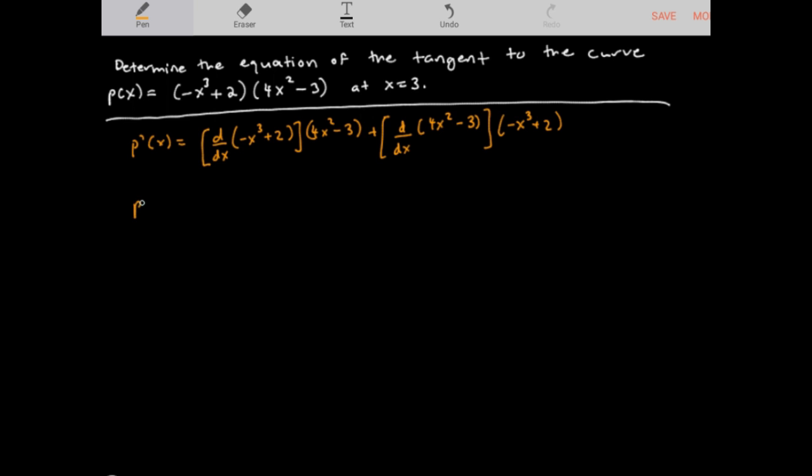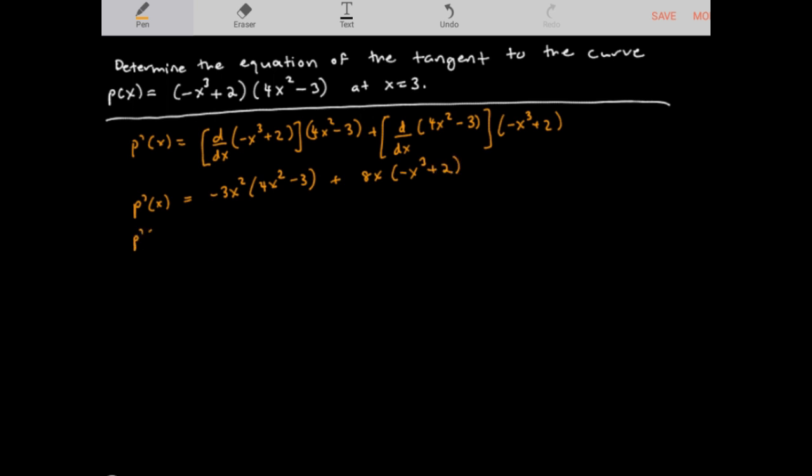And in this case, if I find the derivative and clean this up, the derivative of negative x cubed is negative 3x squared times 4x squared minus 3, plus the derivative of 4x squared minus 3, which is 8x, times negative x cubed plus 2.